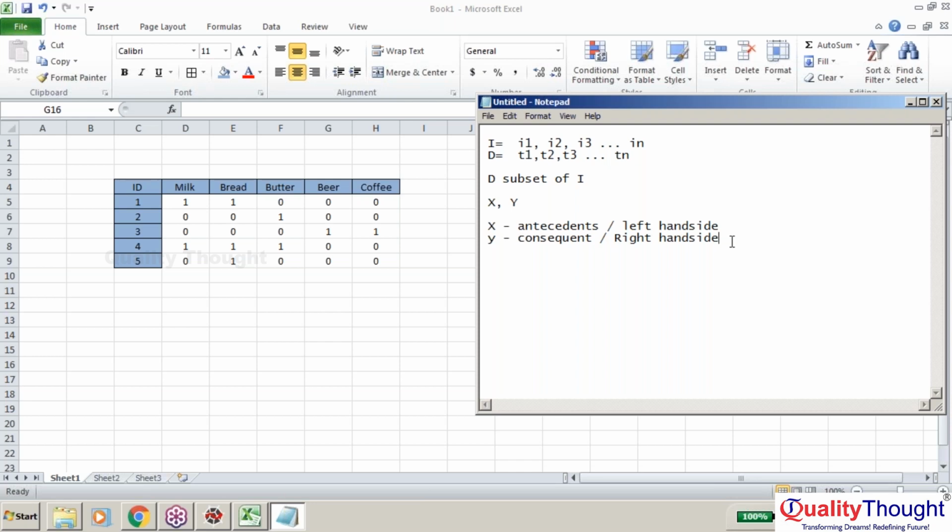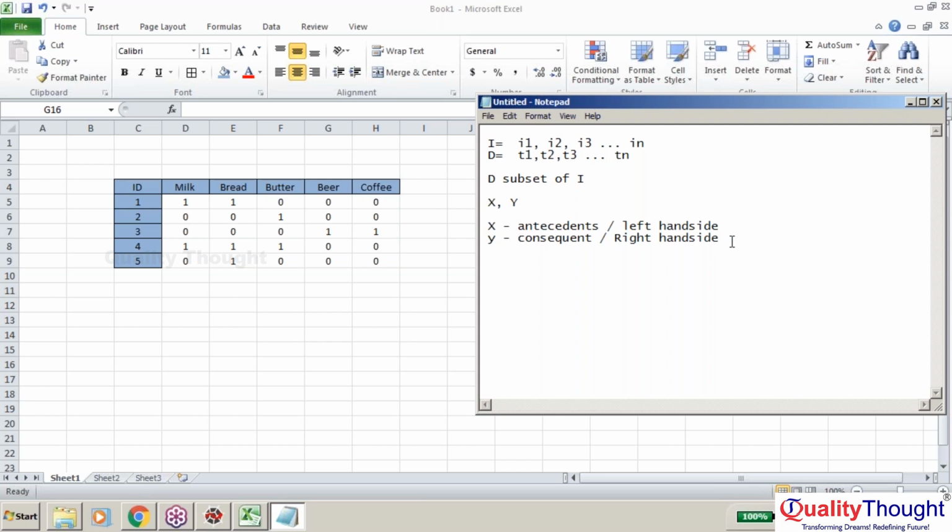The butter and the bread are always correlated with the milk, because whenever someone buys milk, it is understood that they are buying butter. So this is a very small example to understand association rules with five transactions, but in real time we will have thousands of transactions like this.